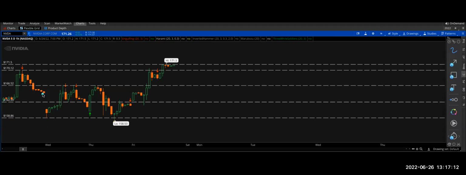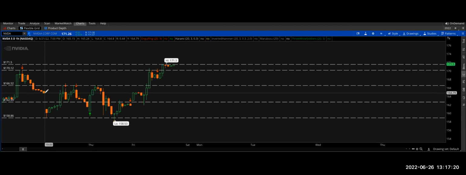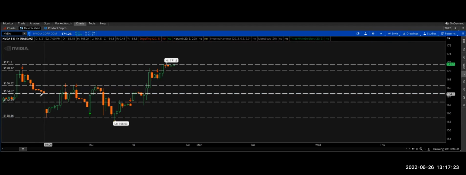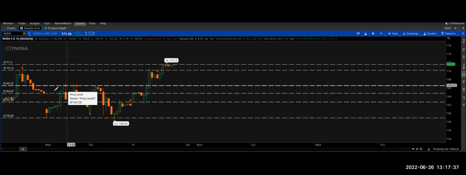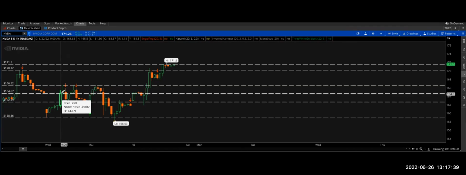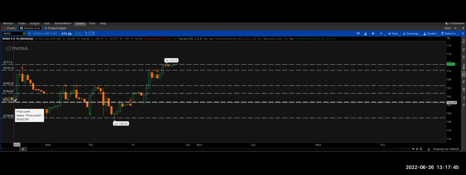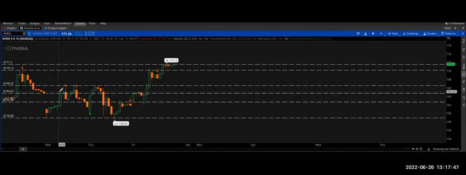Look at this candle, the close right there, and draw your price level tool right here. 162.59 is here, and this price action was 164.67. That's a $2 and something cents profit. So instead of waiting to get up to 166, I could start taking my profit around 164.67. When I'm looking at my strike, I could do a 160 strike call and get out around 164.